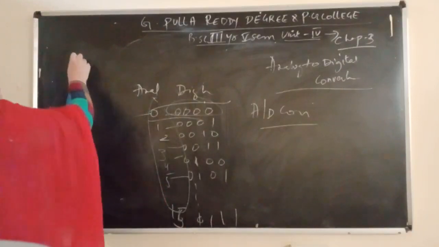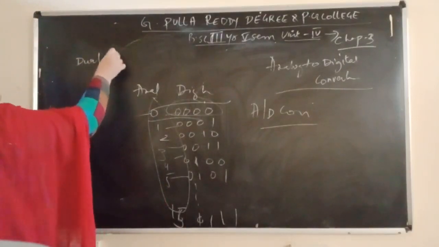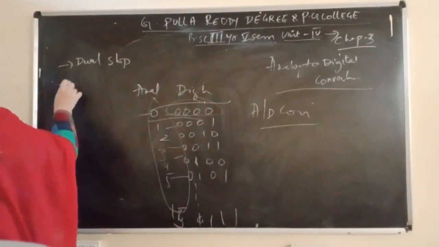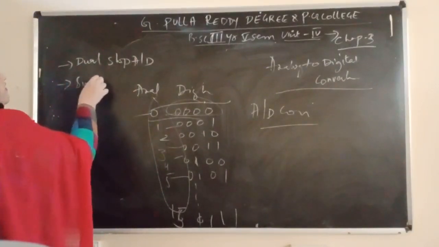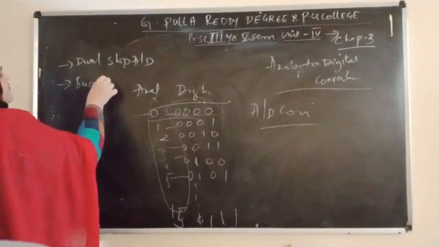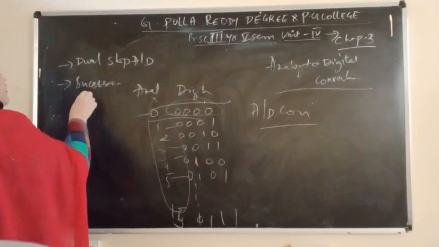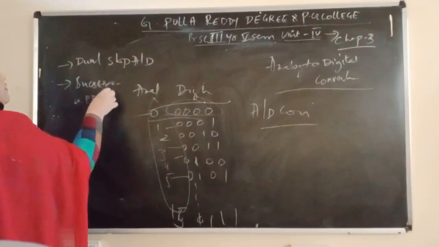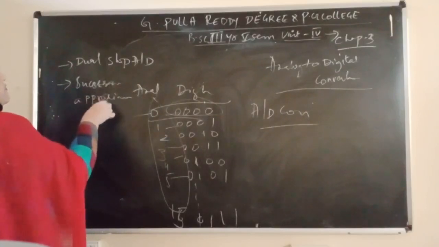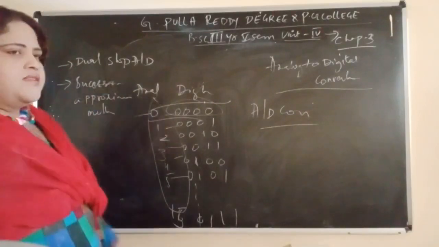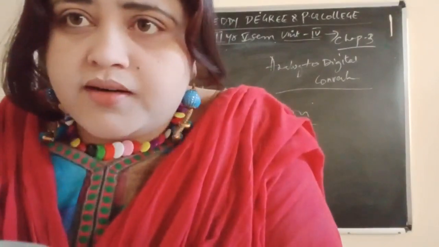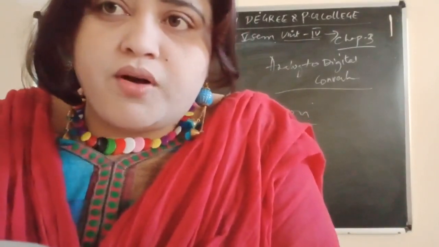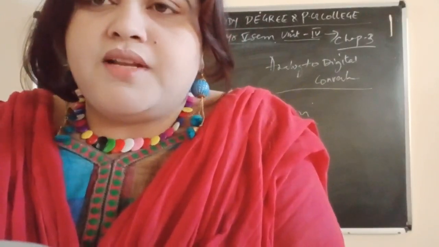One is the dual slope A to D converter and the other is the successive approximation method. We will see the block diagram of these two methods as well as the operation of these two methods.